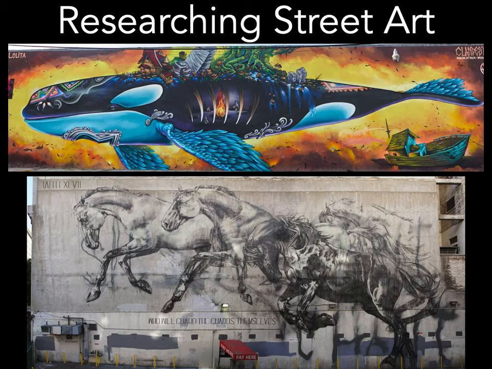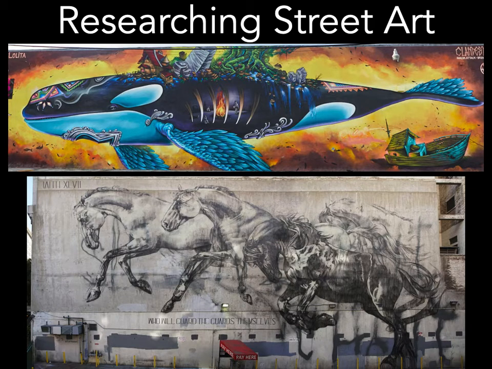So I have two examples here, excuse me. And what I want you to notice in the top one, Clandestine is the artist's name, and he used the top two corners, but it will be somewhere in the four corners, in the top or bottom corners. Now the first artwork is very large and it's a narrow street, so I couldn't get back far enough to get the entire thing.